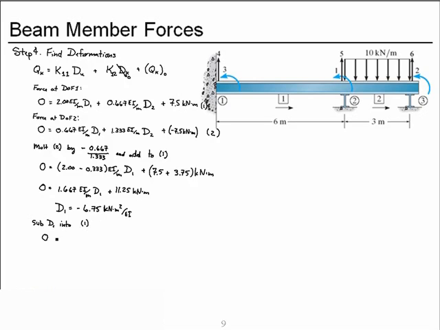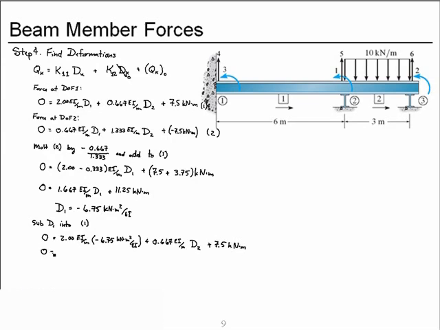So I have 0 equals 2.0 EI over meters times the minus 6.75 kilonewton meters squared over EI plus 0.667 EI per meter times deformation 2 plus our fixed end force 7.5 kilonewton meters.